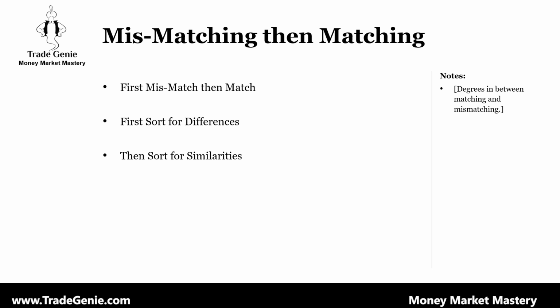But then you start looking for things which are similar. Maybe you will change your mind because the similarities take more weight than the differences. So you say, okay, I ignore that difference.